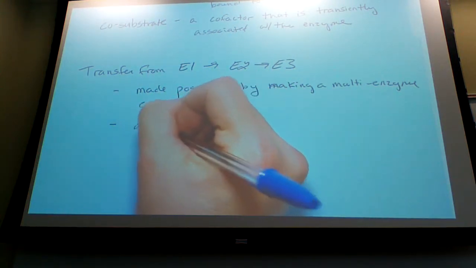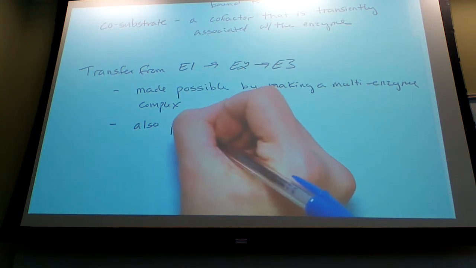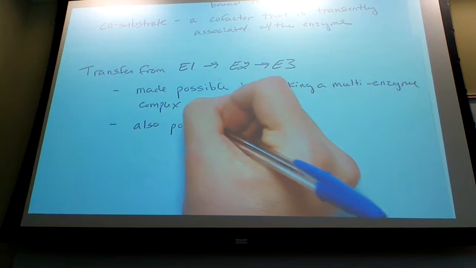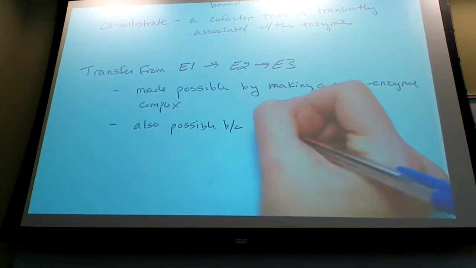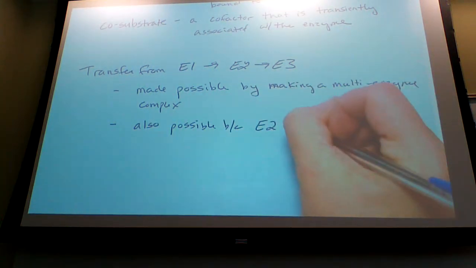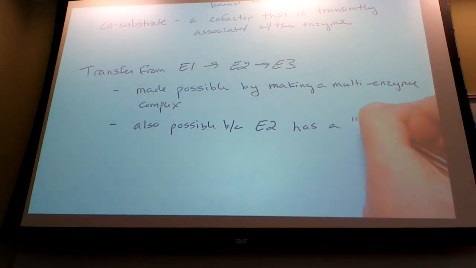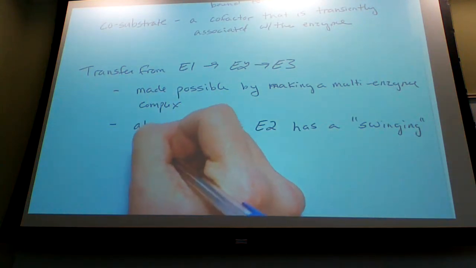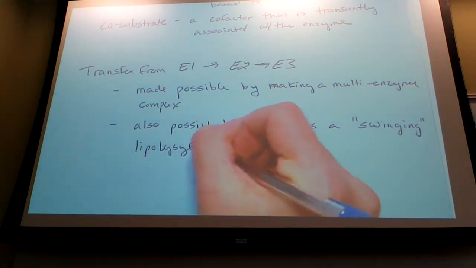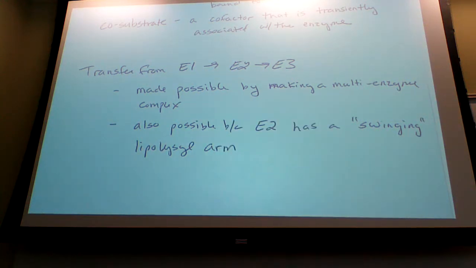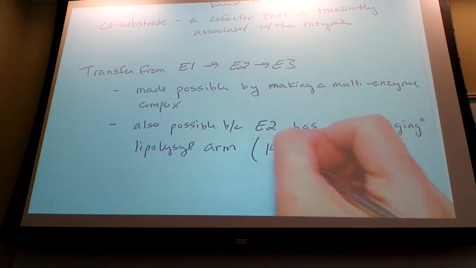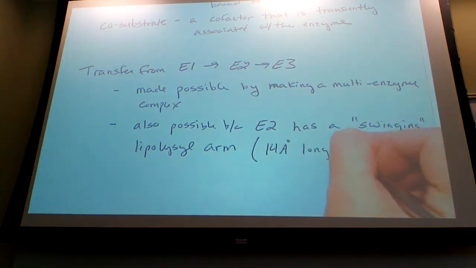And it's also possible because E2 has a swinging lipoamide arm, and this thing is 14 angstroms long and very flexible.